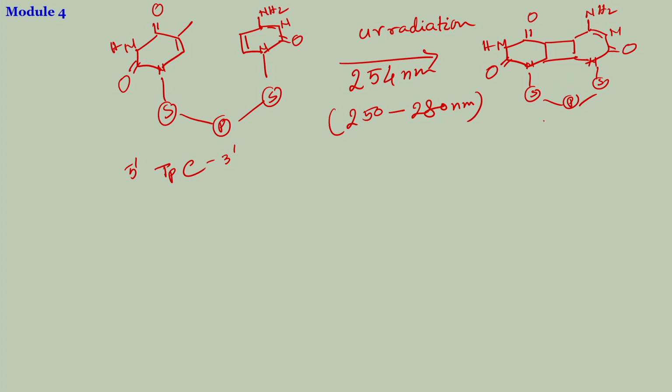So, you can have this followed by, of course, okay, I will do it right here. This will be formed initially, followed by hydrolysis or deamination. That will eventually give you uracil here. There is a thymine, I am sorry.